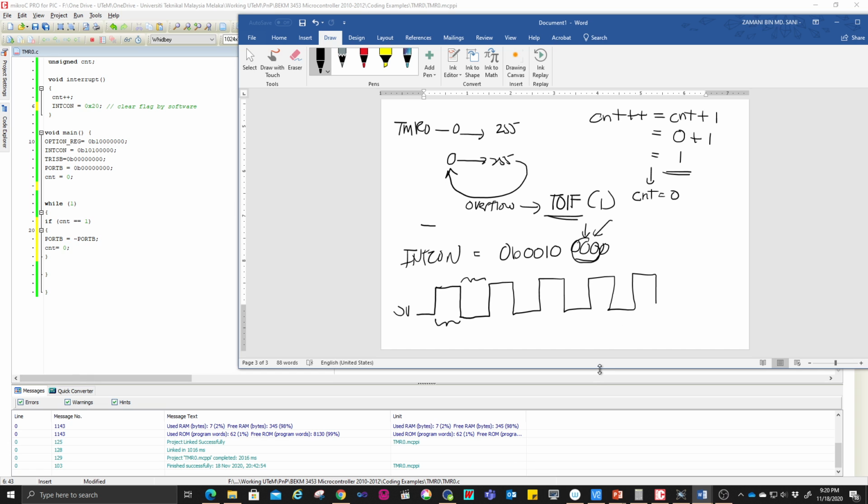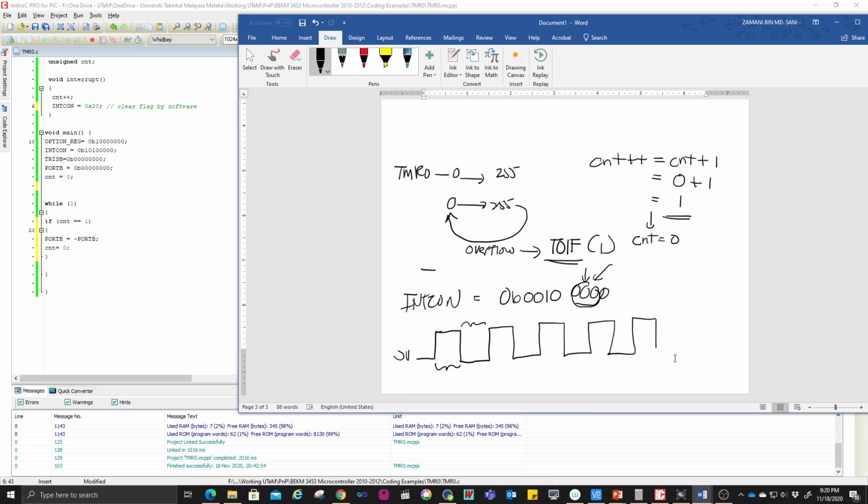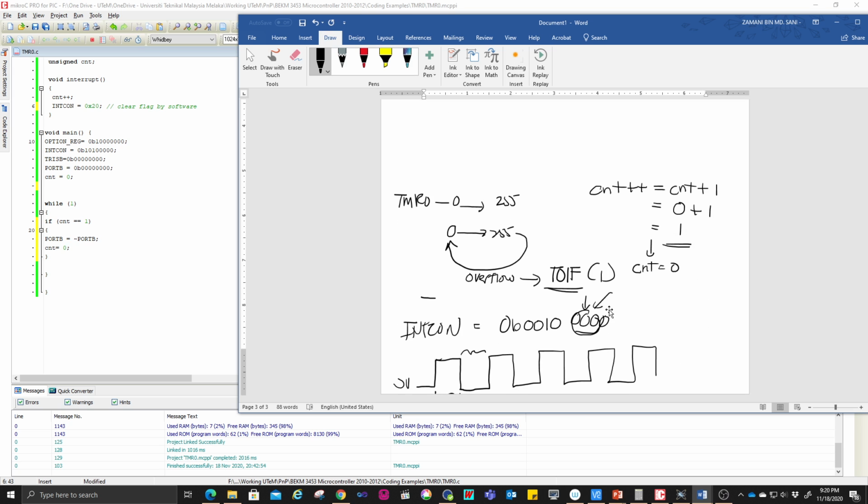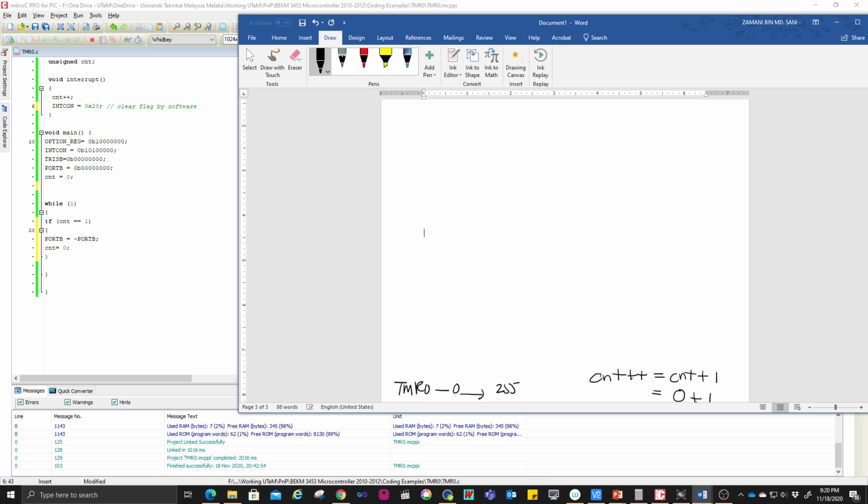I'm going to just give you the formula, the formula to look at the value for the time. If you want to look at your book, you can go directly to the timer chapter, which is at page 144.